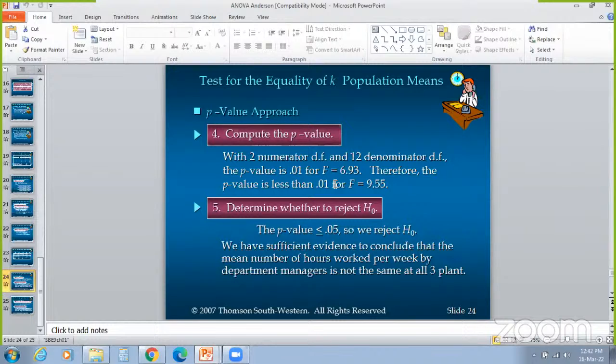By that you can get further information, and you can suggest your policies more accurately than just relying on the results of the analysis of variance.